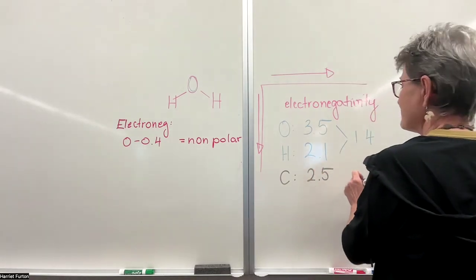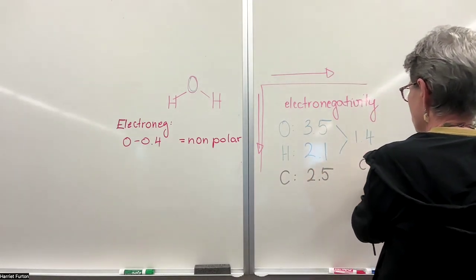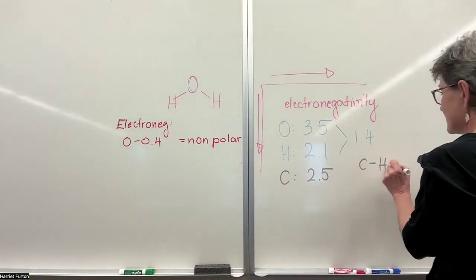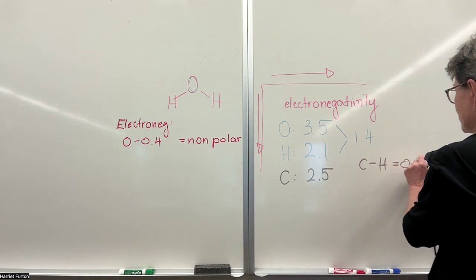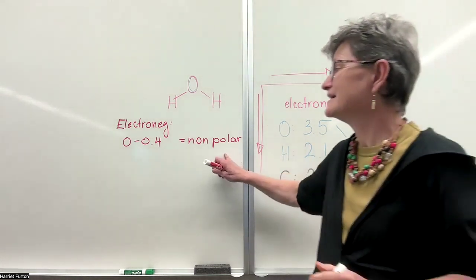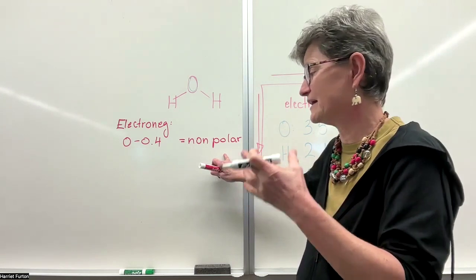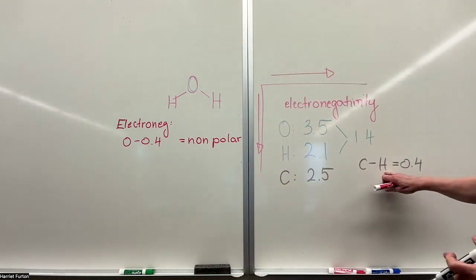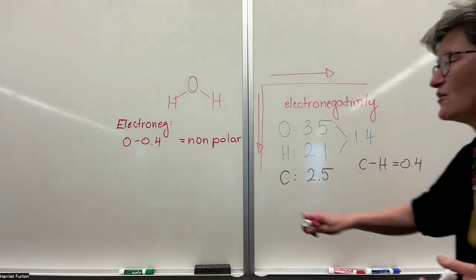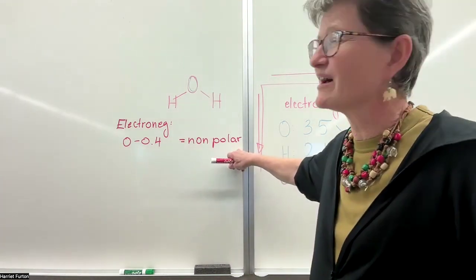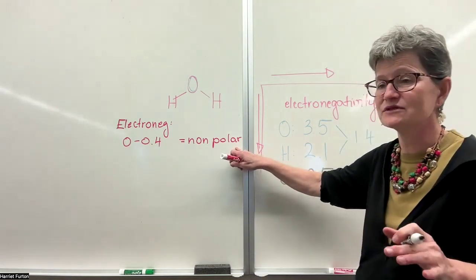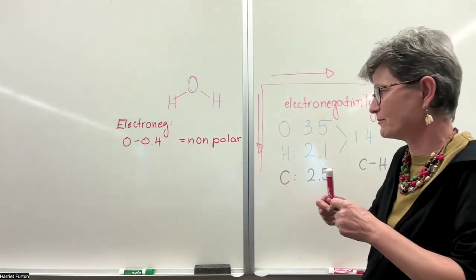So when we have methane with carbon and hydrogen, the electronegativity difference between the carbon and the hydrogen atoms is 0.4. So it's the upper end of the non-polar, but still counted as a non-polar bond.